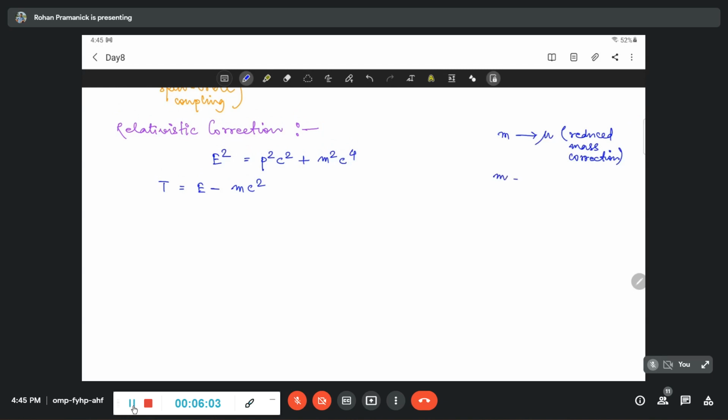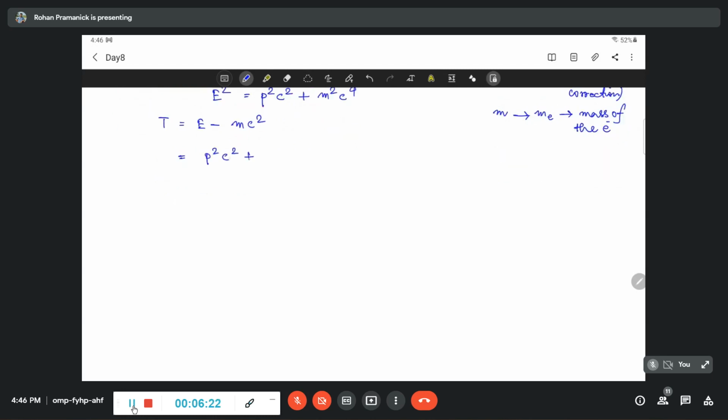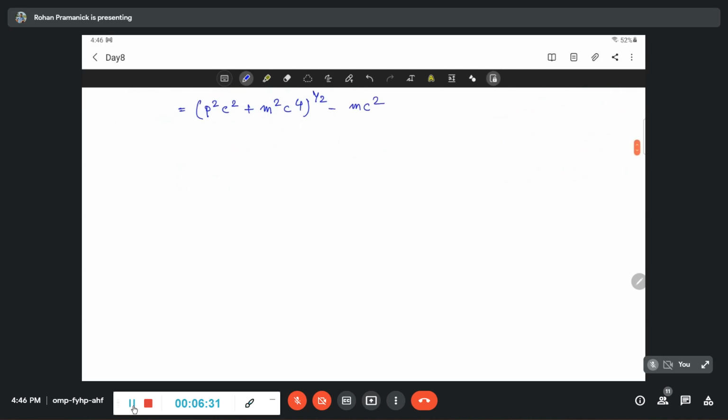And m means m_e, which is the mass of the electron. Okay, so this becomes what? p squared c squared plus m squared c to the power 4, whole to the power half, minus mc squared.